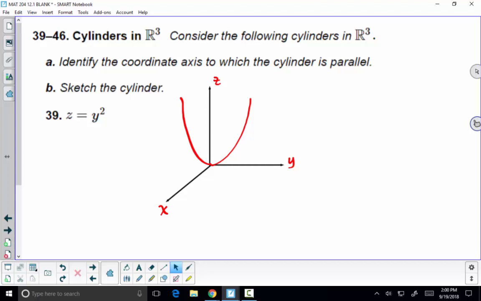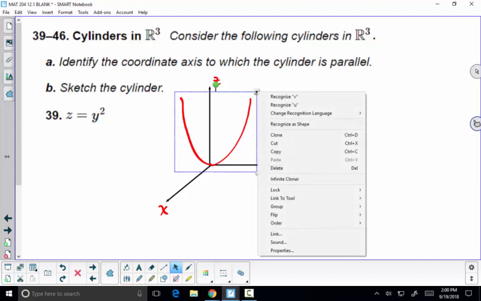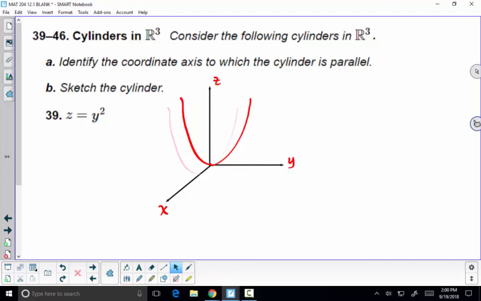So that means there's no restriction on x. You could imagine that there or there, all of these are solutions to this equation because there's no restriction on x.